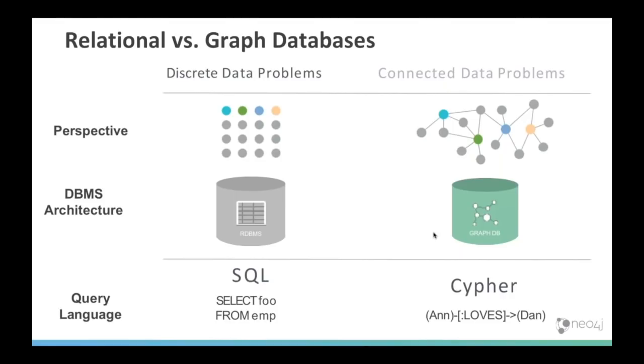The SQL that generates that query can be quite complex and can be very slow to run. Whereas Neo4j is built to manage highly connected data, and we have our own query language to enable that, which is called Cypher. You can see a sample of it here on the lower right, and we'll get into it in a bit more detail in a moment.